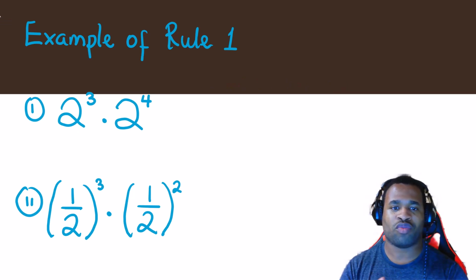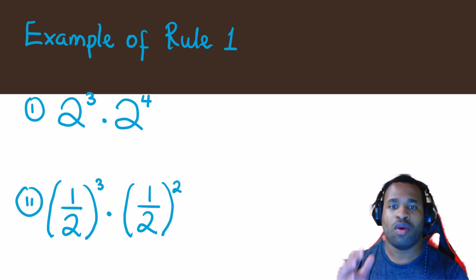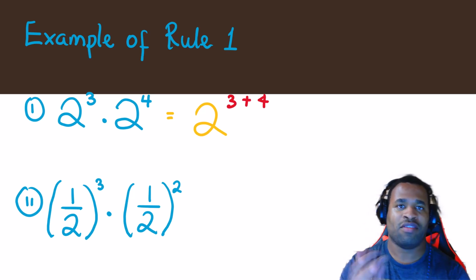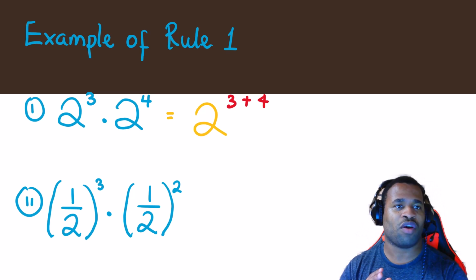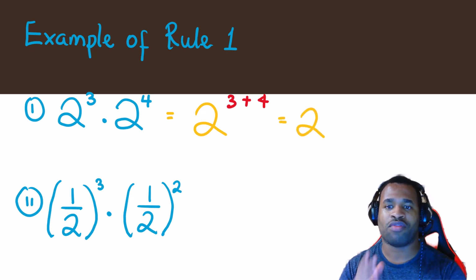We first see that the bases are the same. That means we keep the base, and we add the exponents, because you're multiplying the same bases. This is equal to 2 to the power of 3 plus 4, which gives you 7.